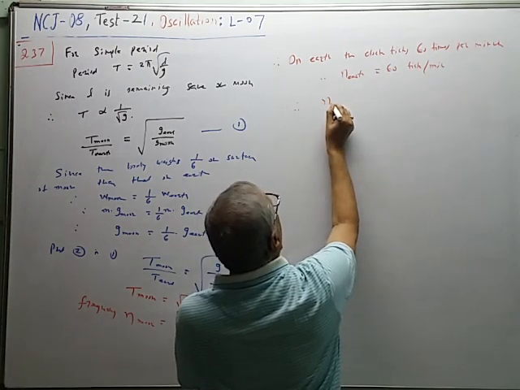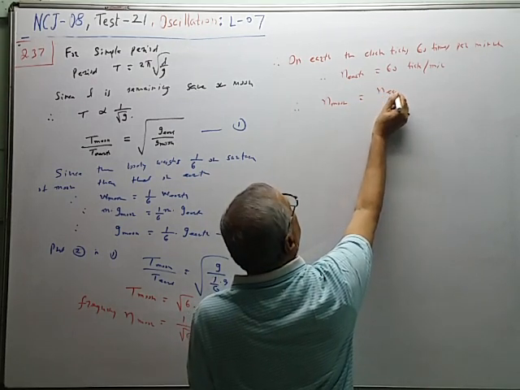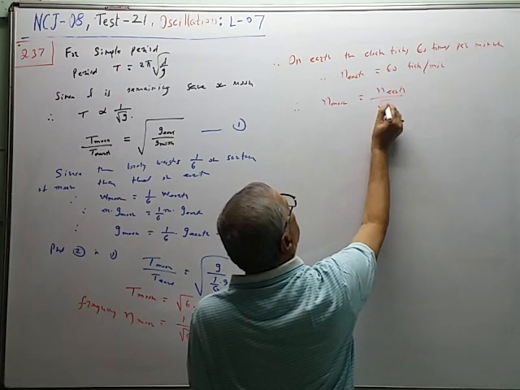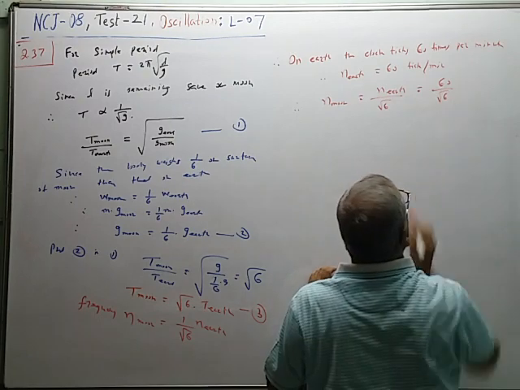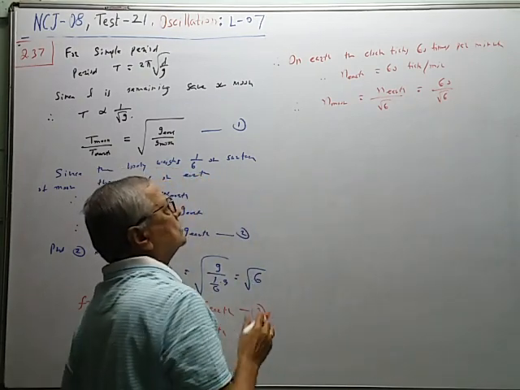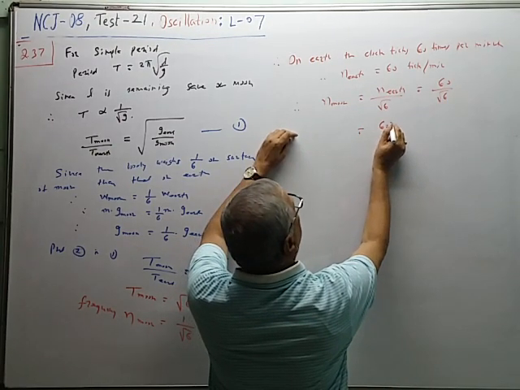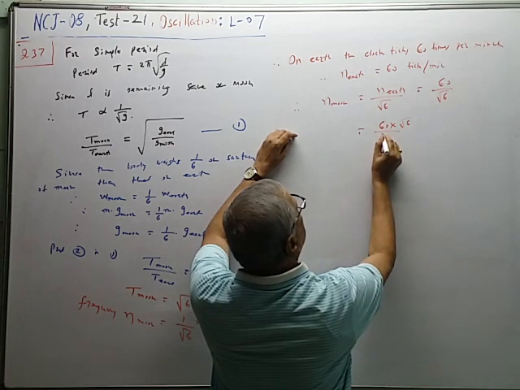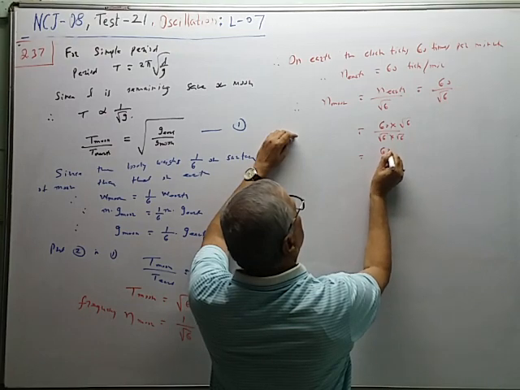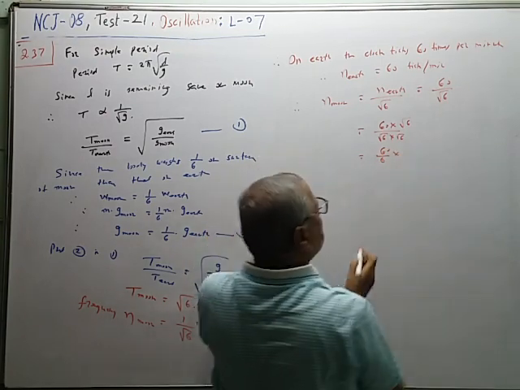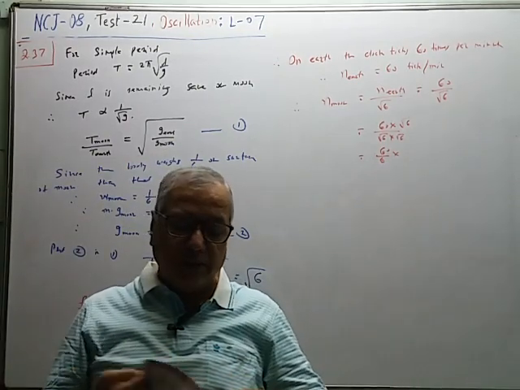Therefore n moon is equal to n earth by root 6, that is equal to 60 upon root 6, 60 upon root 6 is equal to 60 multiplied by root 6, root 6 multiplied by root 6, that is equal to 60 upon 6 multiplied by root of 6. The root of 6 ची व्हॅल्यू आपण स्क्वेअर रूटच्या टेबलमध्ये डायरेक्ट बघू शकतो.